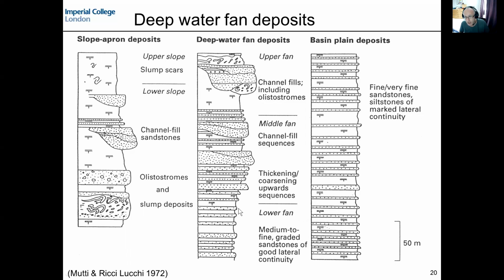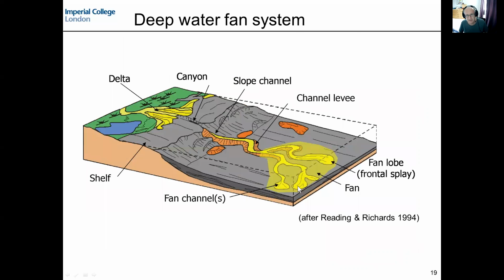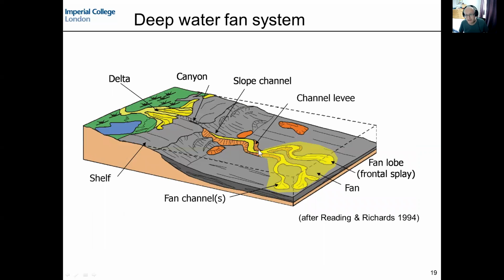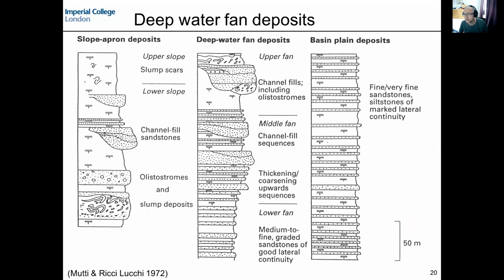And as we go from the outer part of a lobe to the inner part of a lobe, we get beds which are thickening upwards and an overall upward increase in sand content, with channels capping and cutting into those lobe deposits. So the lower fan, the outer part here, is really characterized by the lobe. The middle part of the fan is characterized by a mixture of channels and lobes. And then the inner part of the fan, we're just seeing channel systems.